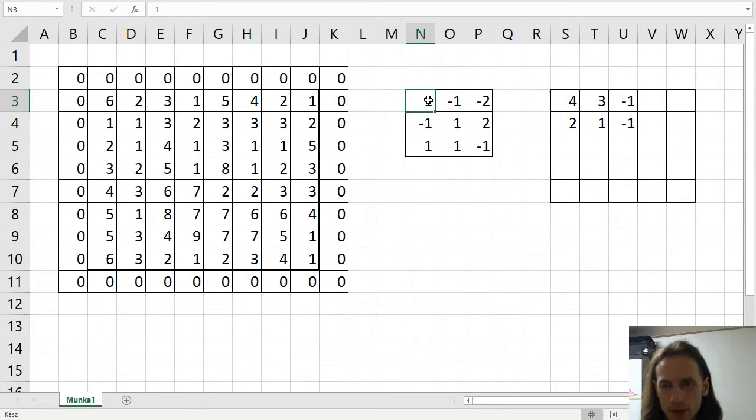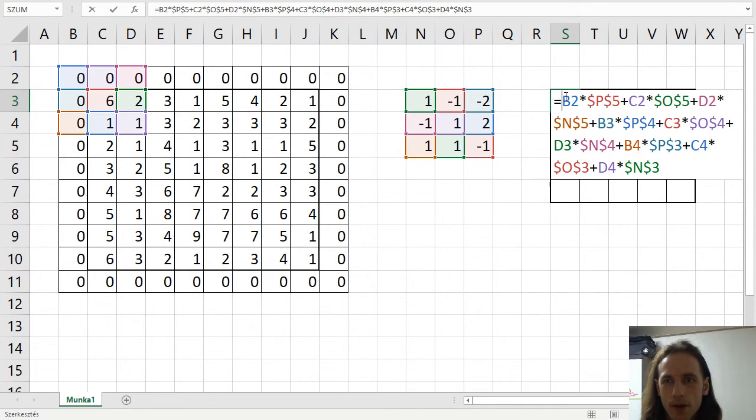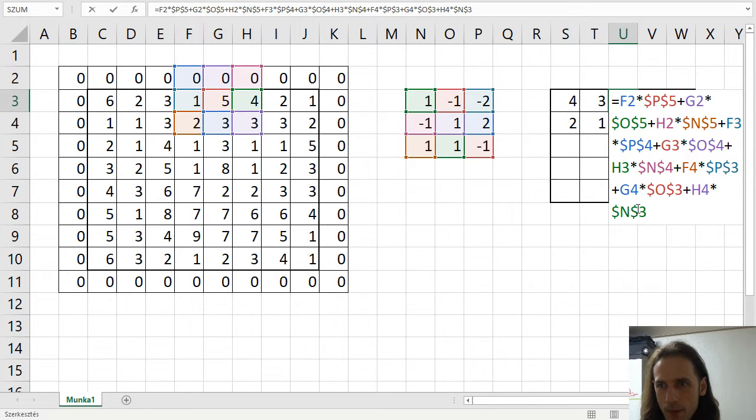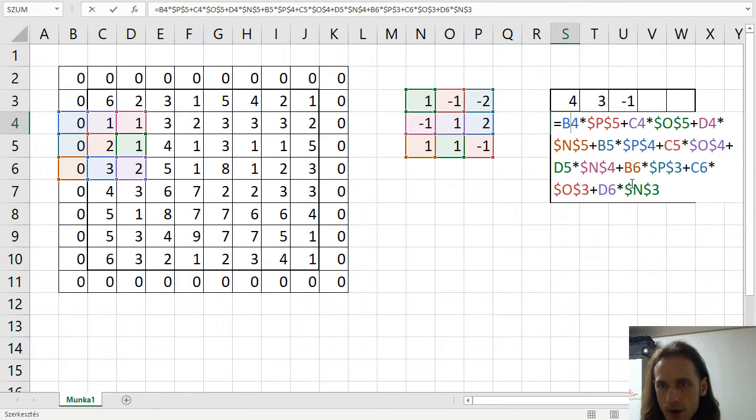I want to know what this one is paired up with. This is N3, it's paired up with D4, of course. Here it's paired up with F4. Here it's paired up with H4, and here with this element, D6.